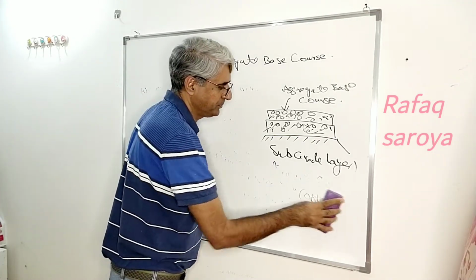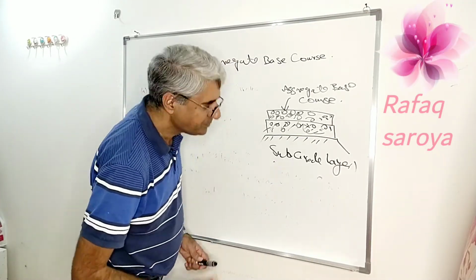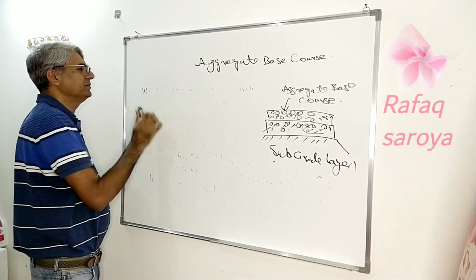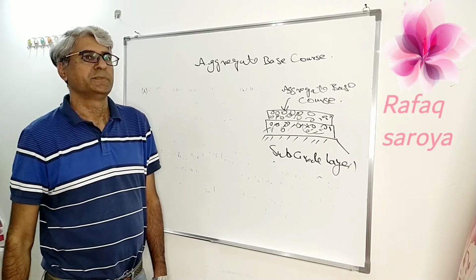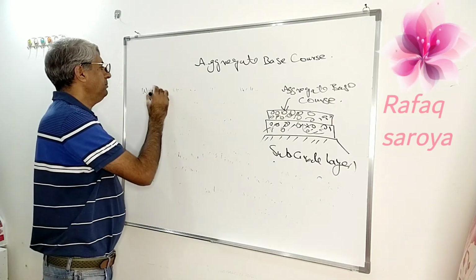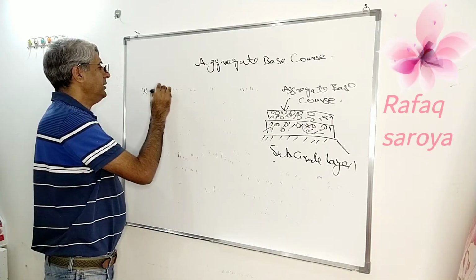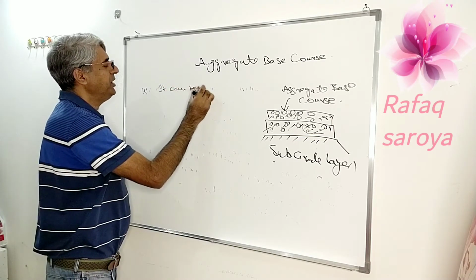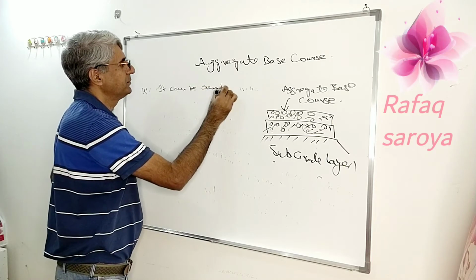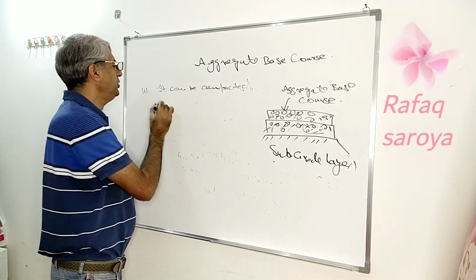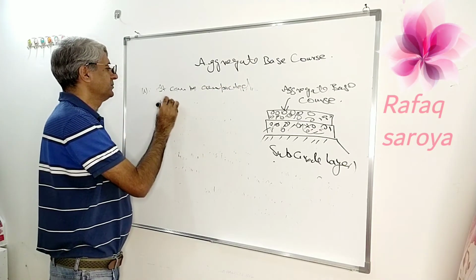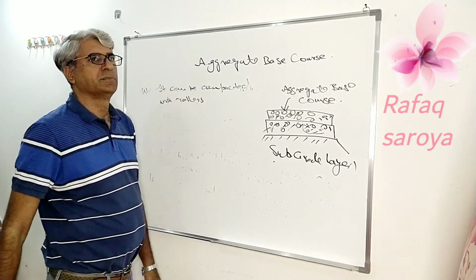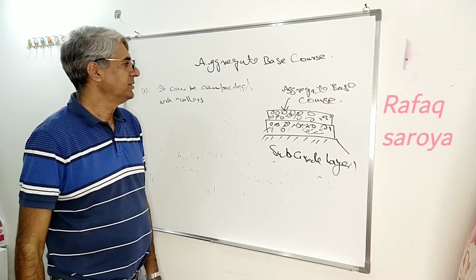So that's why, point D, it can be compacted with a roller, because we have to compact it.